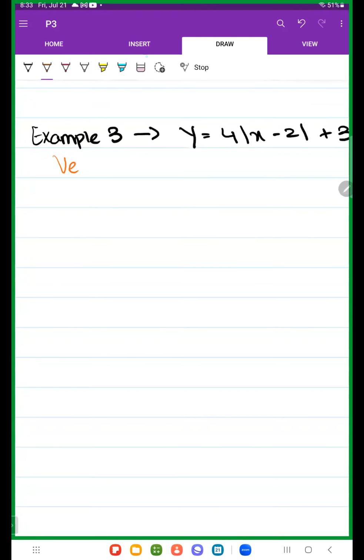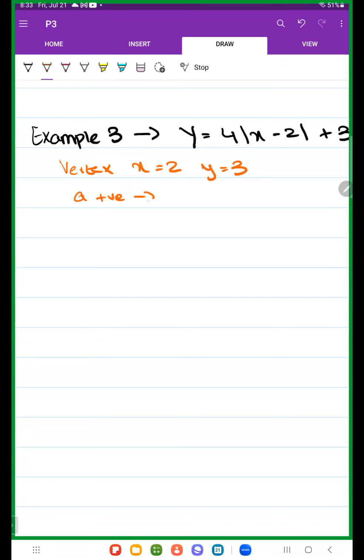So your vertex over here will be x is equal to 2 and y is equal to 3. Your A value is positive.